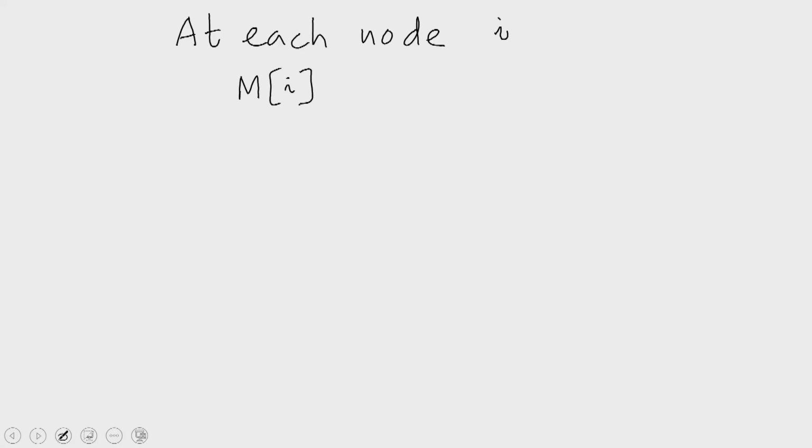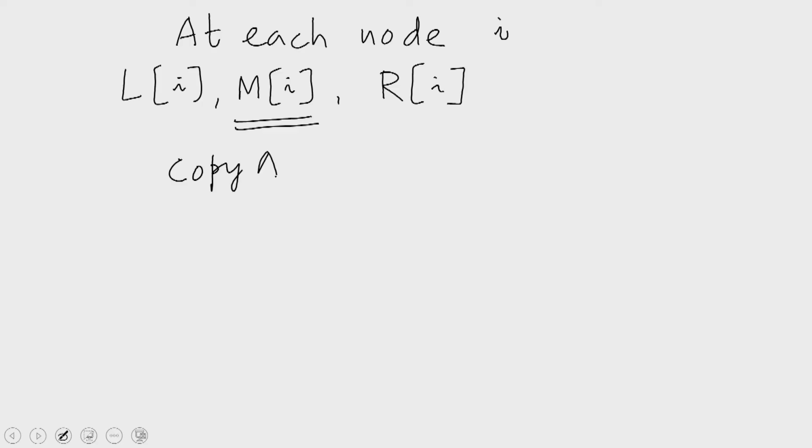Mi, which we call the middle value, Li, which we call the left value, and Ri, which we call the right value. So, initially we want the given array to occupy the middle values of the leaves. So, what we do first is to copy the given array to the m values of the leaves.